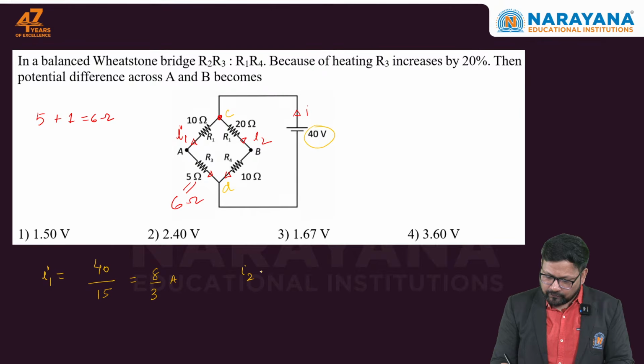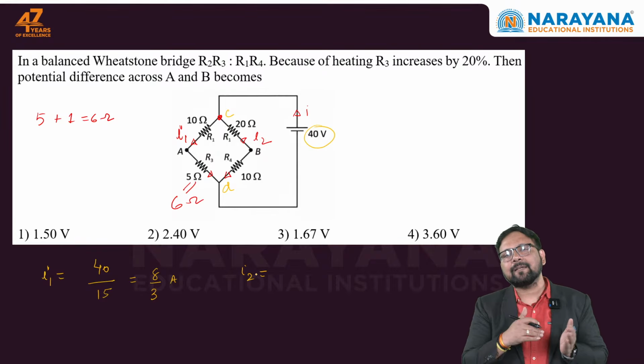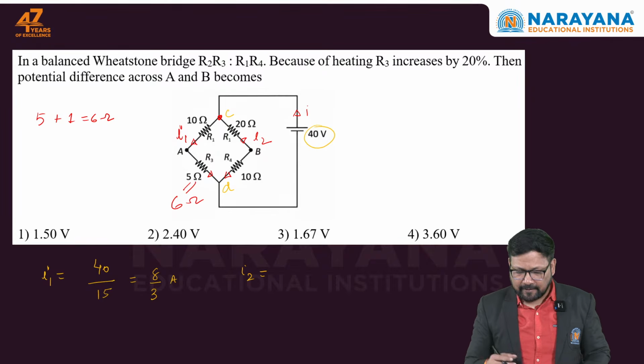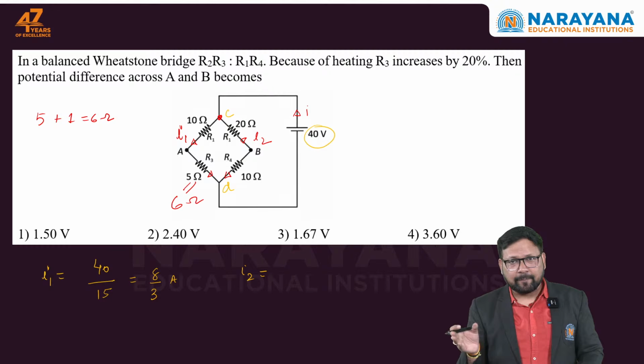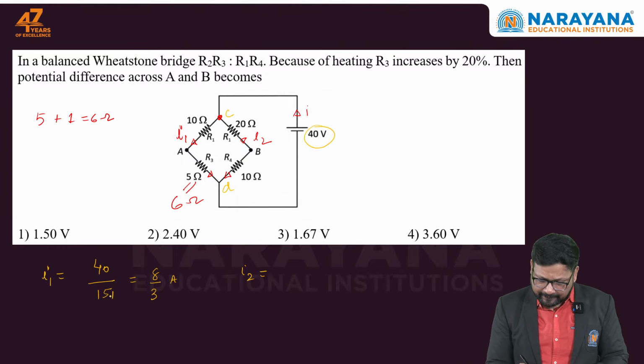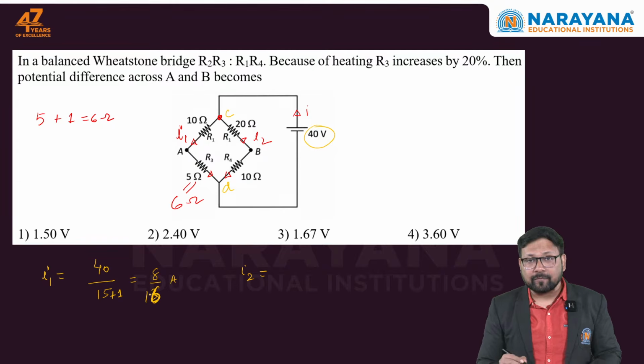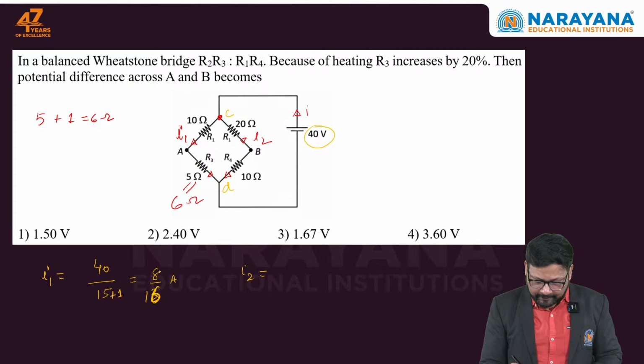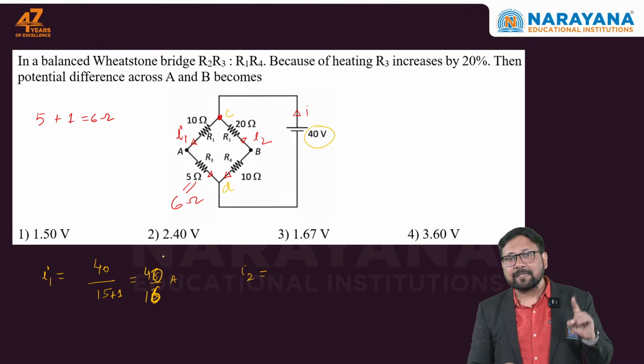Similarly, what is the value of I2? For I2, we are taking the right part of the circuit. C and D potential will remain 40 volt, and here 15 is being added with 1, so that is 16. Okay, we have to go with 16 here, and that will be 40 divided by 16. Now the value will change, 40 by 16, because 5 has increased by 1.